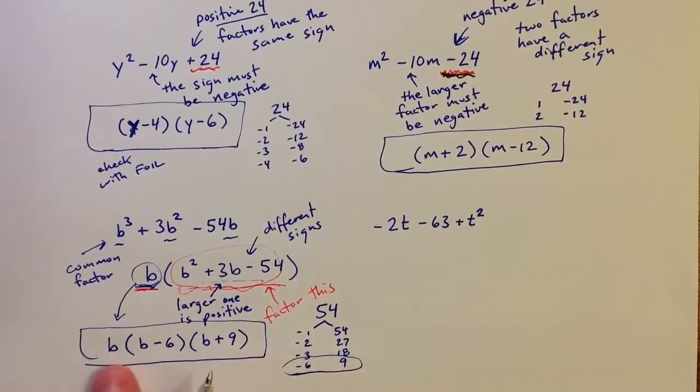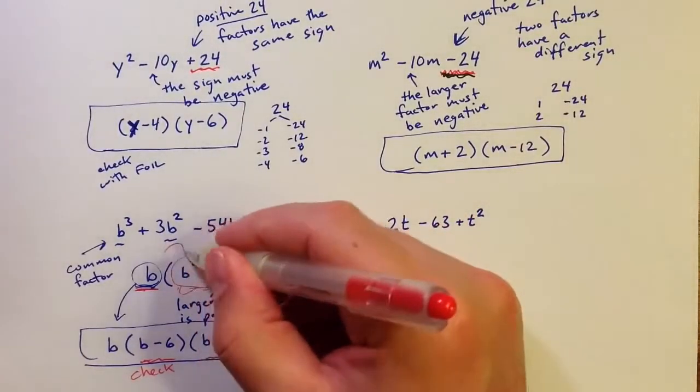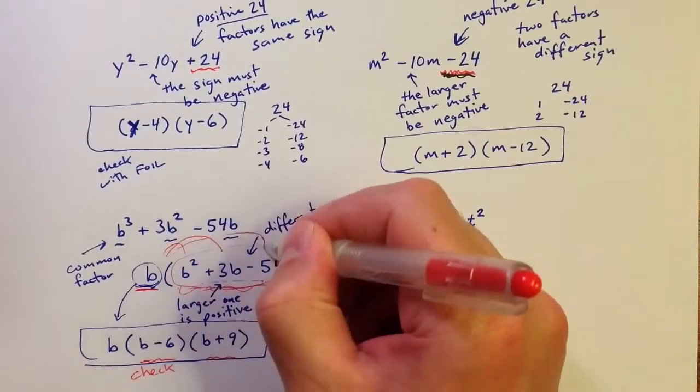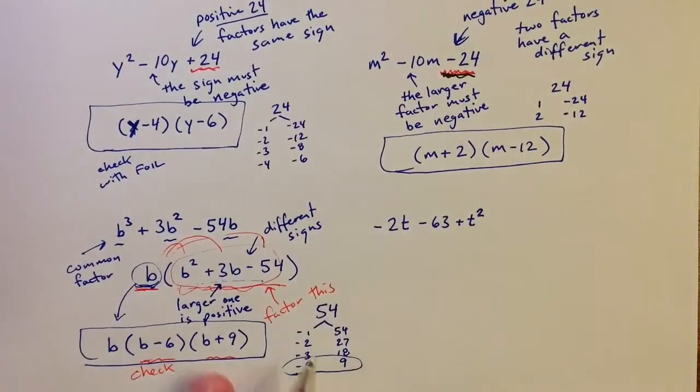So basically I have 3 things that are multiplied together. So if I wanted to check my work by multiplying this out, I would encourage you to multiply the b minus 6 and the b plus 9 first, and then this b would distribute to each of the terms. So that's the factored form of the answer. We could multiply it out to check.